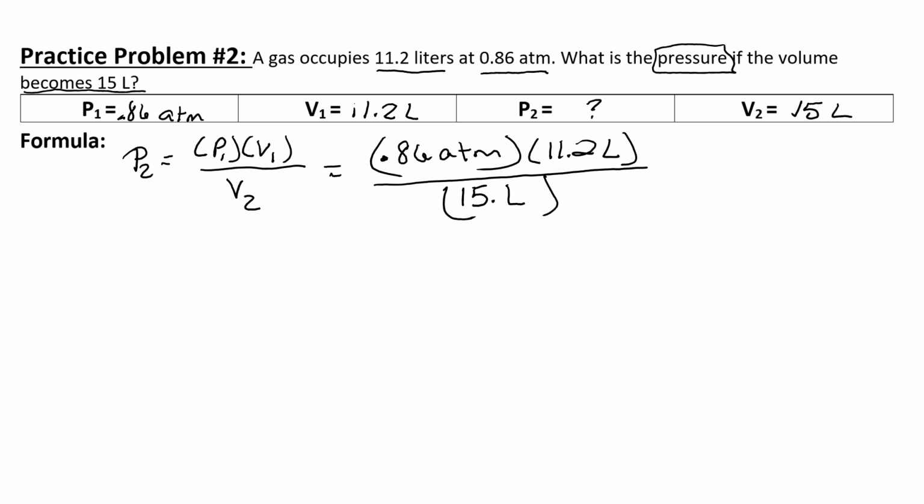Plug this into our calculator, 0.86 times 11.2 divided by 15 is going to be 0.64 atm. Liters cancel out, so atm is all that's left as our units.